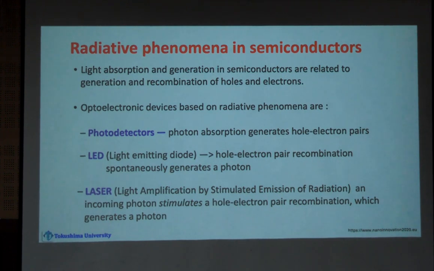The abbreviation of light amplification by stimulated emission of radiation is laser. So an incoming photon stimulates an electron hole pair recombination which again generates a photon. This is because light is photon. So if light is passing, photon is passing. If light goes from here to there, the photon is passing. If light cannot go there, everything is absorbed.